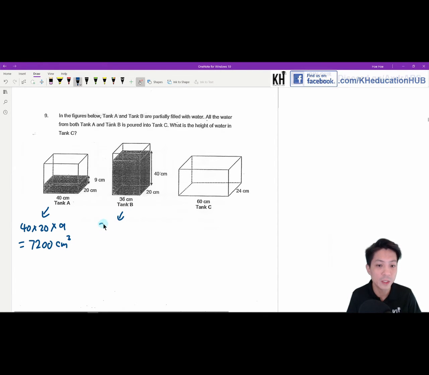For tank B, 36 times 20 times 40, which is 28,800.